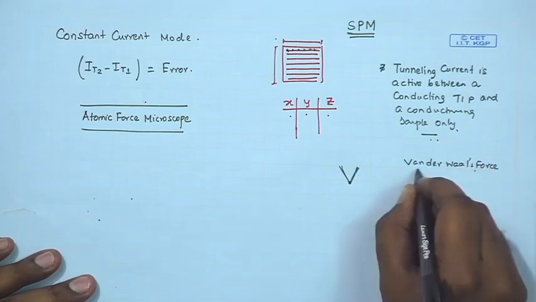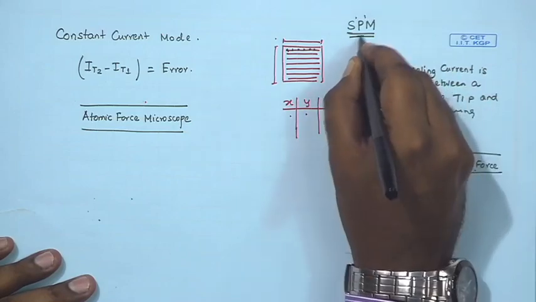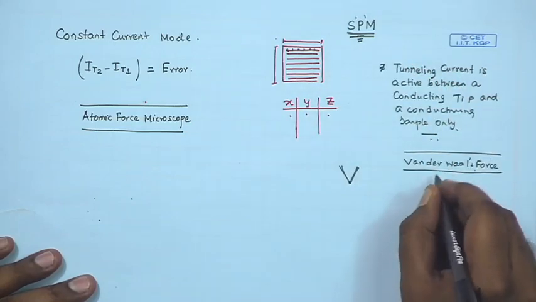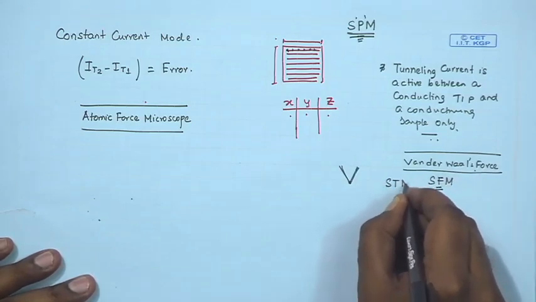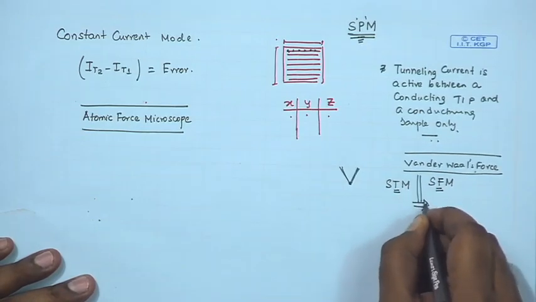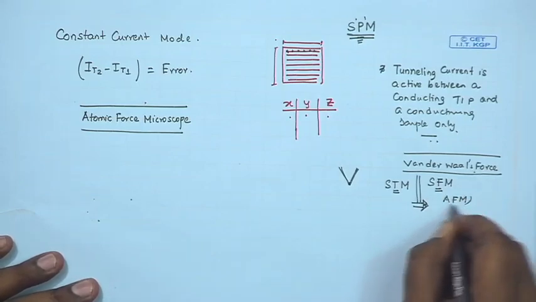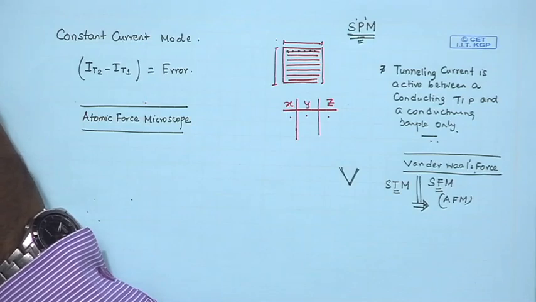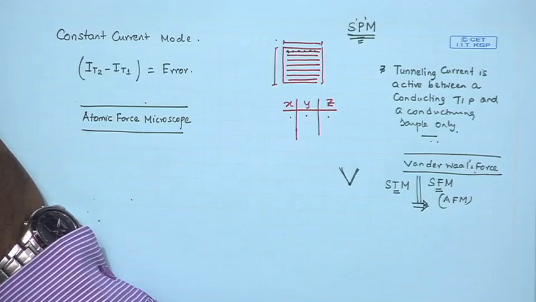So, here we go. Your probe is there, of course. It now measures the force instead of the tunneling current. So, STM has led to the development of SFM, the most significant member according to the family tree I showed, is of course the AFM.